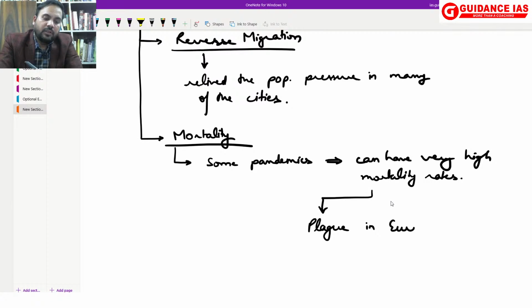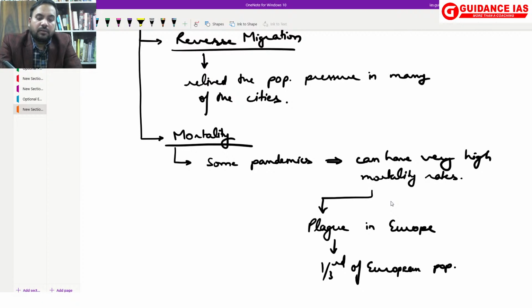In Europe. So it is said that almost 1/3 of European population did not survive the pandemic. So can I say it would have definitely reduced the population pressure? ठीक है, it would have definitely reduced the population pressure in Europe.